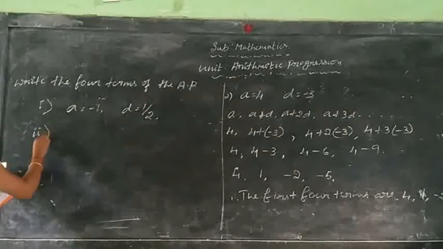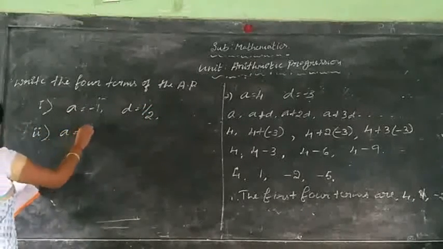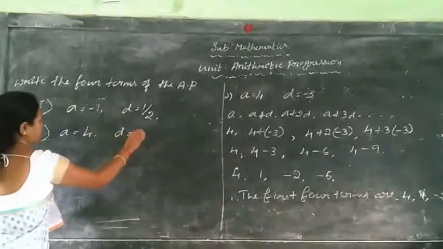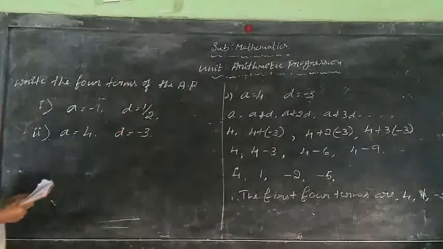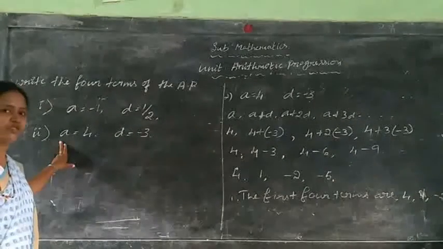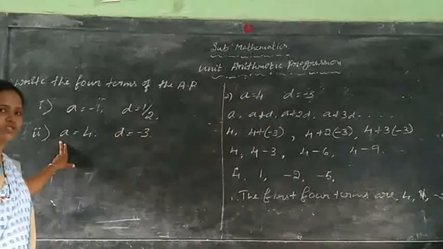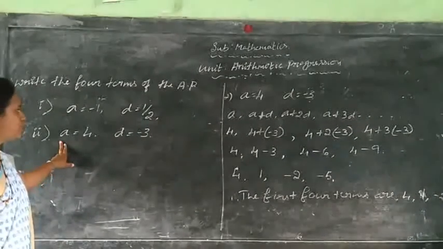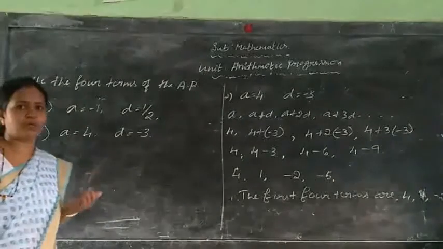And second one is A is equal to 4 and D is equal to minus 3. So these are the 2 problems, children, for homework. While coming tomorrow, you have to write it down. Understood? Okay. So now we should solve some more problems, children.